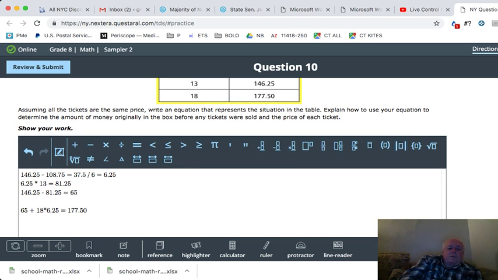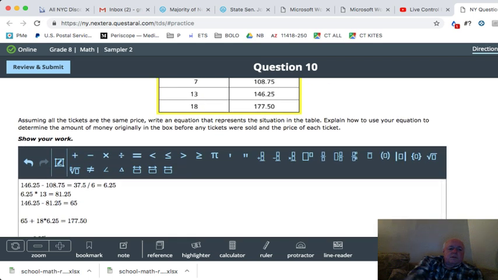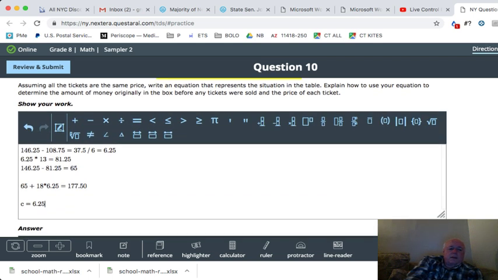Okay, so I've only got my numbers. So my equation is going to be the cost equals 6.25 times the number of tickets plus 65.